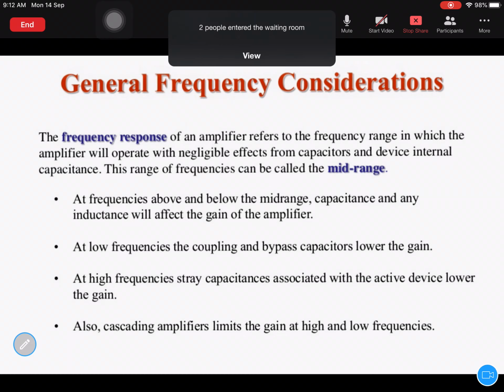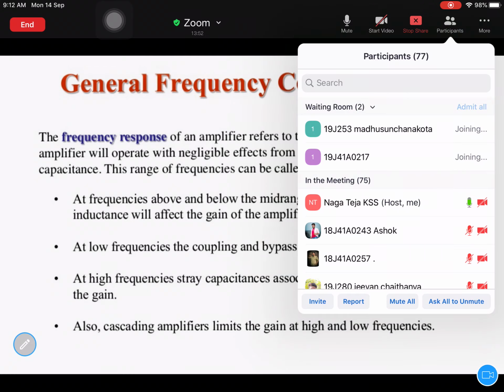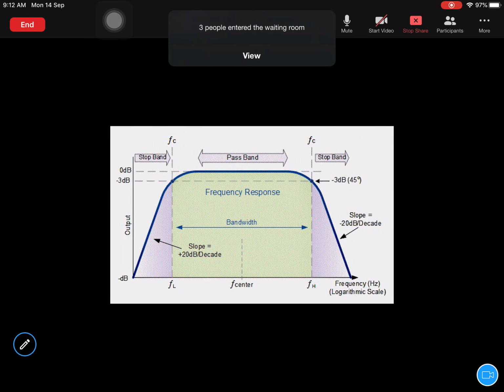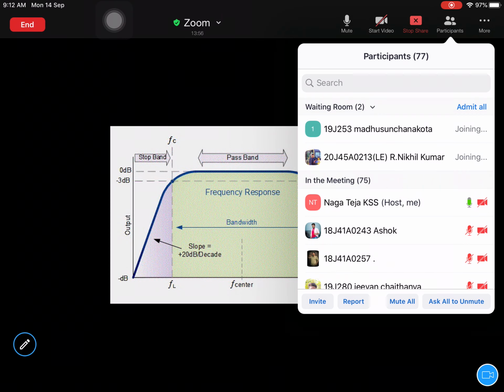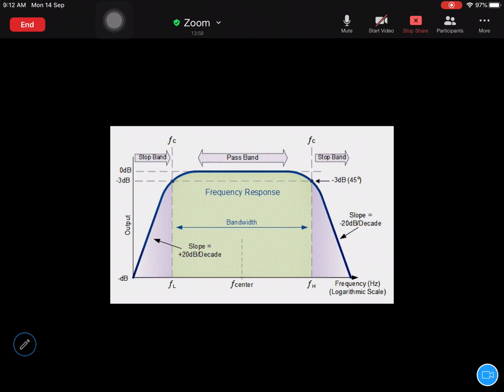So for example, I will take some transistor system whose characteristics are like this. Frequency characteristics: as you can see here, at this particular frequency range from FL to FH, the output gain is very high. At this point the gain is said to be maximum.